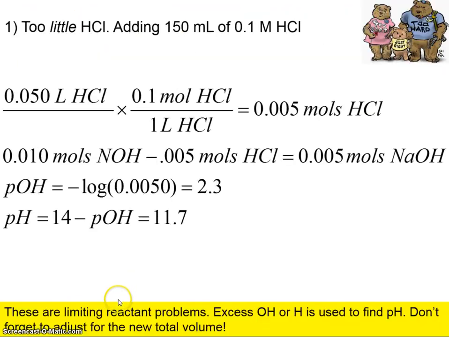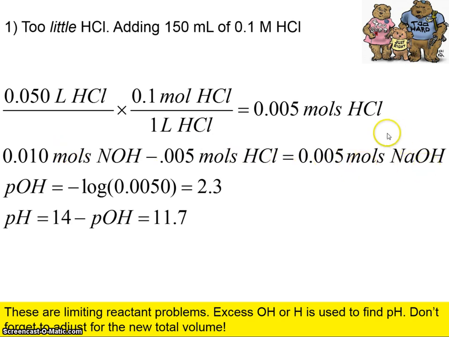Right? So let's say I've got too little HCl. Right, same setup as before, but I've got 0.005 moles of HCl. I subtract the moles of HCl from the moles of sodium hydroxide because I've got more sodium hydroxide than HCl, which means I've got 0.005 moles of NaOH left over.